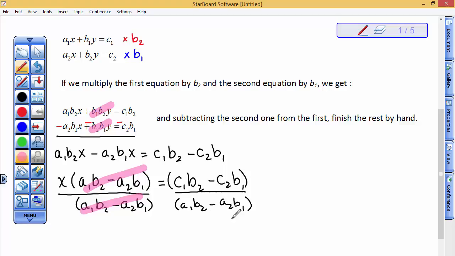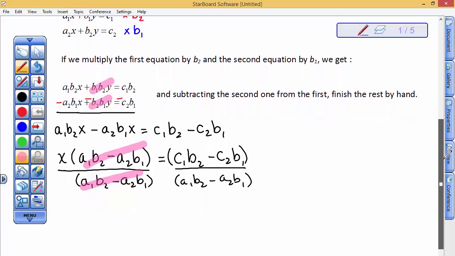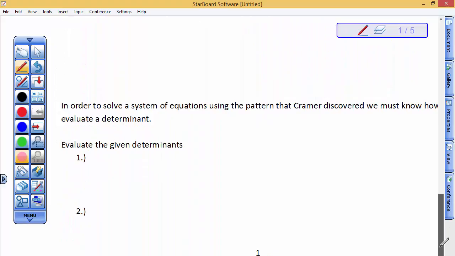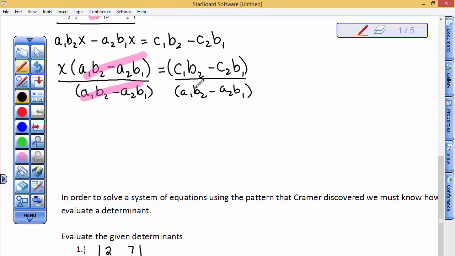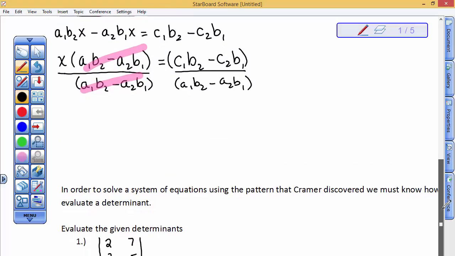So what I'm going to do first before we go solve a system is I'm going to give you some practice determinants and just practice at evaluating them. So all we're doing is we're going to take a column of numbers that might represent the A1, A2, B1, B2, and we're going to do this calculation right here. But you still probably can't see how I'm getting there.